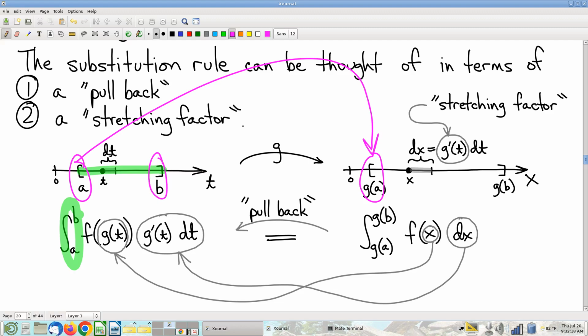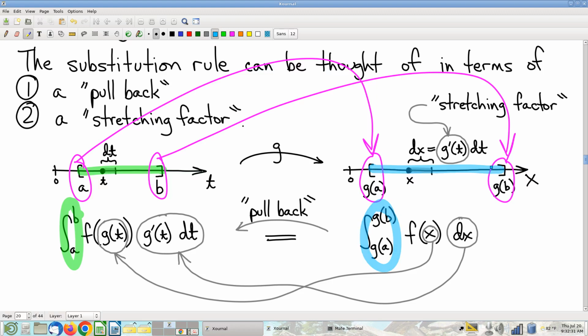And where does b go when you plug it into this g function? The output value is g of b. So really all this is saying is that the domain for the integral on the right is the image of the interval on the left. Anyway, perhaps a different point of view from what you've seen before, but there's that.